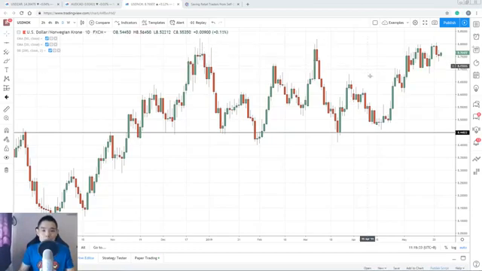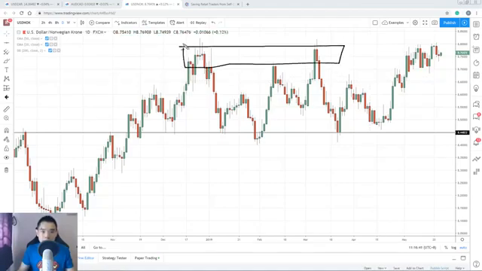The second technique to share with you is to look at the market structure and then trail your stop loss accordingly. One way is that you know that this is your final target profit. You know that this is a high price, where you want to be selling. So what you can do is observe the higher highs and higher lows in the market, and then trail your stop loss accordingly.